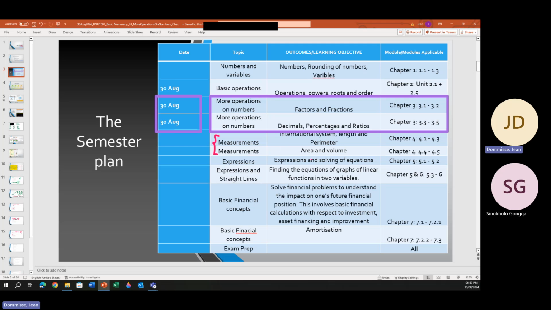I want us to make sure that we cover measurements quite thoroughly, because I know they love asking measurements in the assignments and in the exam. So I think next week the big focus will be on measurement. If we have a bit extra time, we'll look at expressions, but the big focus next week will be on measurements.